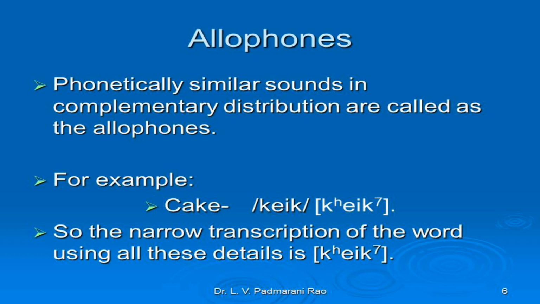But look at the k sound that occurs in the word final position of the same word. Cake, the last sound. Now that sound k in the final position of the word is not accented, and if you pronounce it and stop there, the tongue touches the soft palate, which is called the velum, to pronounce the k sound, and it remains there.